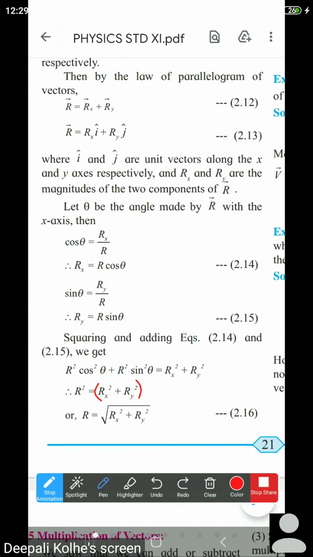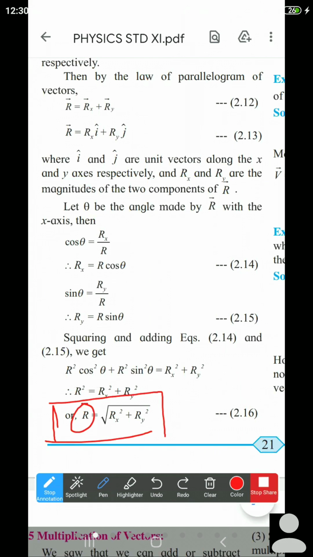We have to take the square root of Rx square plus Ry square, and this equation gives the magnitude of vector r. ये इक्वेशन क्या रिप्रेजेंट करता है? मैग्नीट्यूड ऑफ द वेक्टर r. तो r की ये मैग्नीट्यूड हो गई.